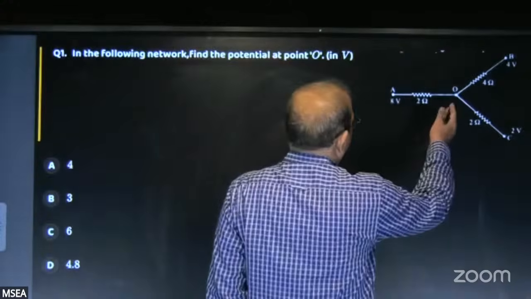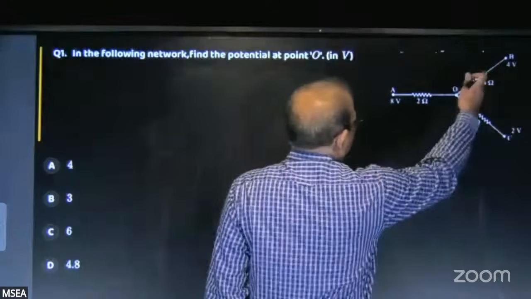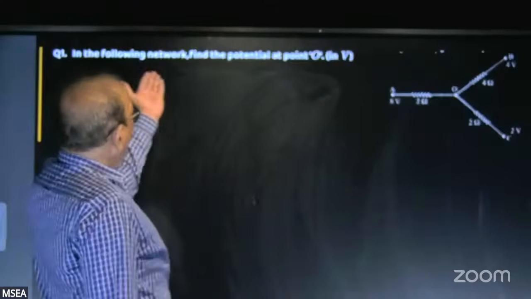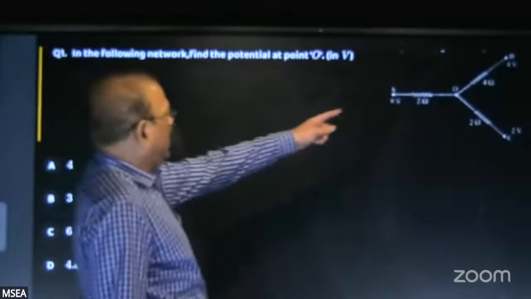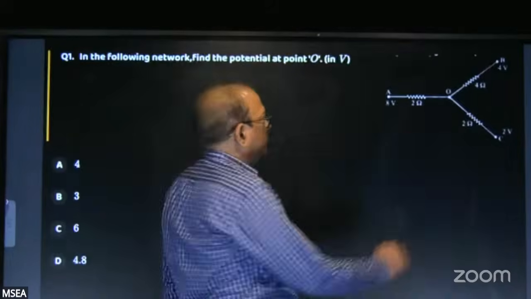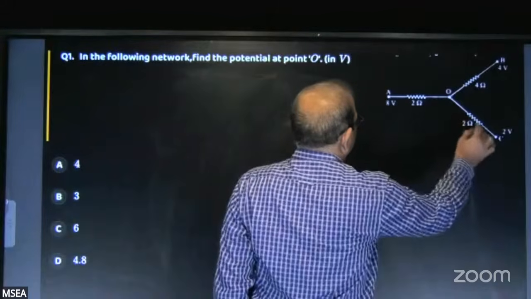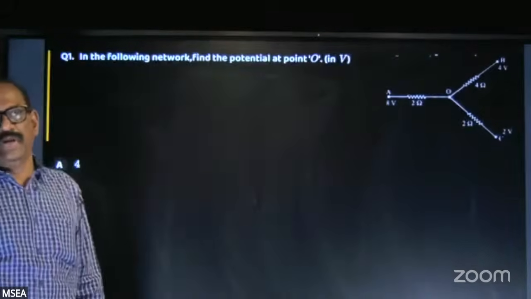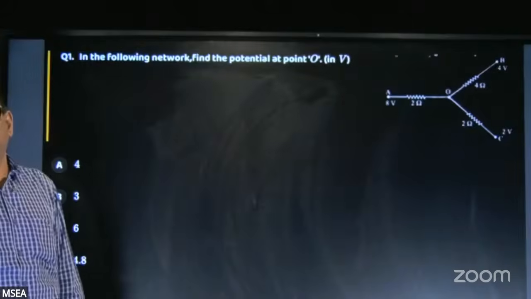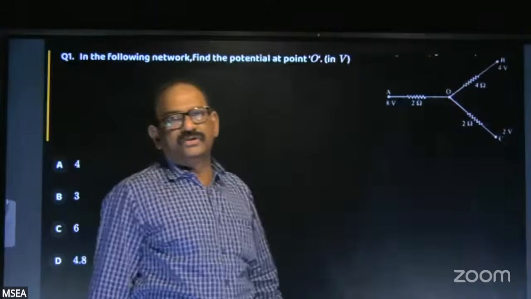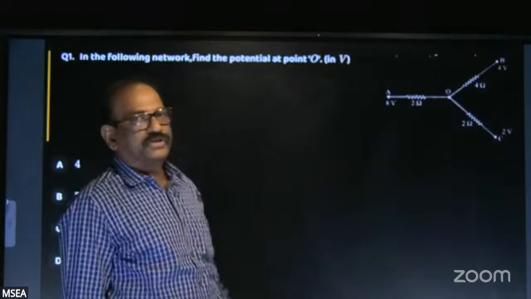The first problem, if you look at this circuit, has a junction of three resistors and asks: in the following network, find the potential at the junction O. When you look at these three resistors meeting at a junction, that indicates that this problem is based on Kirchhoff's first law.